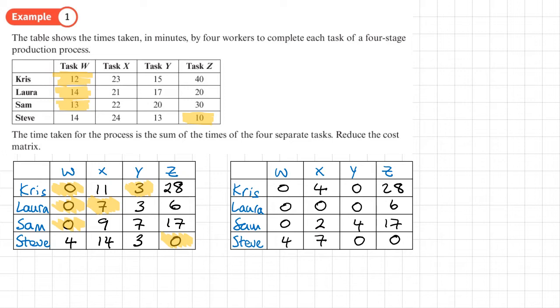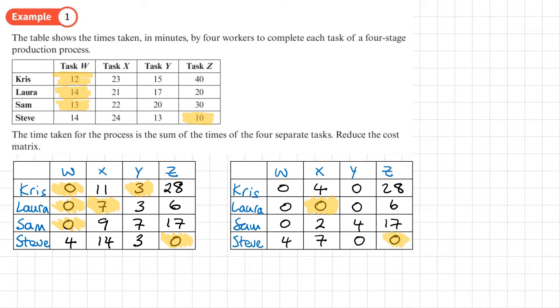So let's just highlight that. I'm going to allocate Laura to task X. Then if I look at the next column, I could allocate task Y to Chris, Laura or Steve. Okay, but when I go to the last column, task Z, I want to allocate to Steve because that carries the minimum cost. So we'll just highlight that.